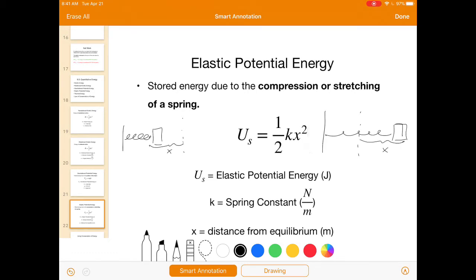Now, does it matter if x is positive or negative? No, because it's squared. All right? So U_S is our elastic potential energy in joules. K is the spring constant, which, remember, is just an inherent quality of the spring. So that would be something that is given to you. And then x is the distance that it is stretched or compressed from equilibrium.